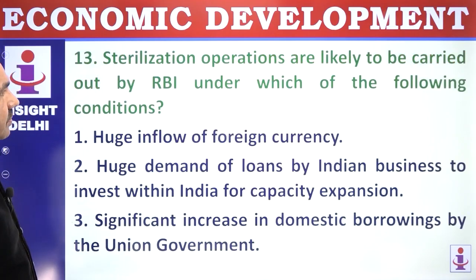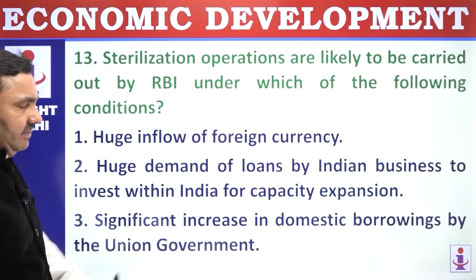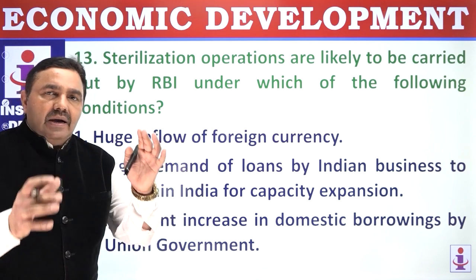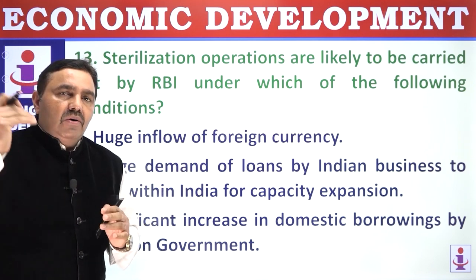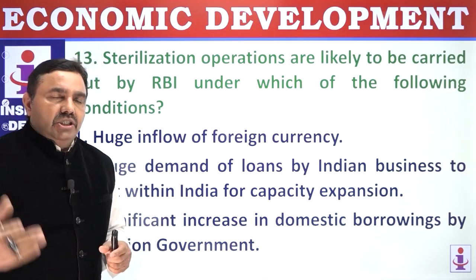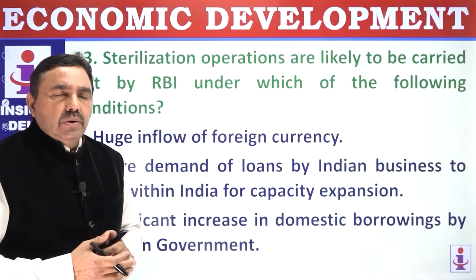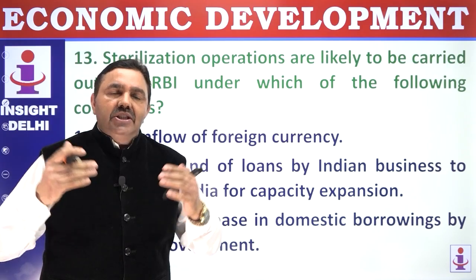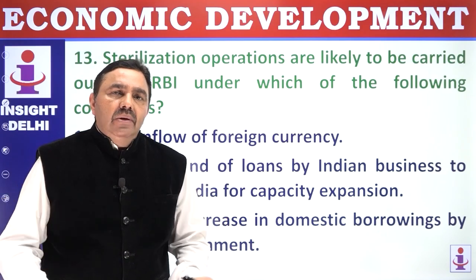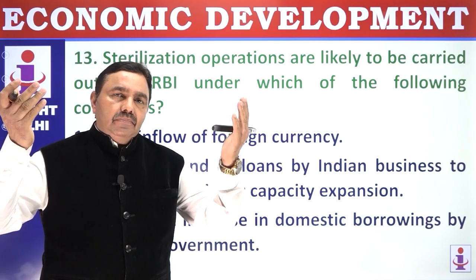13. Sterilization operations are likely to be carried out by RBI whenever there is a kind of fluctuation in the value of currency because of inflow or outflow of forex or foreign exchange. So a lot of foreign exchange comes into the country, value of national currency changes. It will jump up.